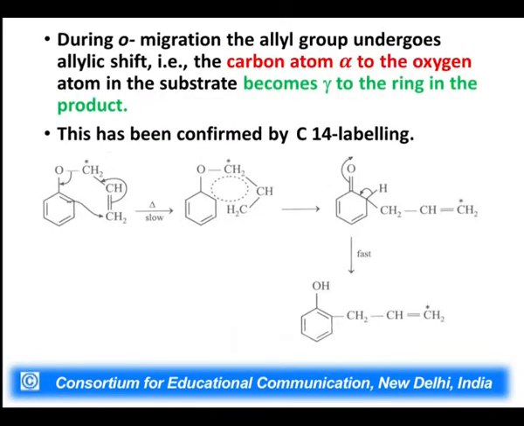Now what I mean by saying it is a concerted manner. This mechanism can also be proved if we take this carbon, we label the carbon with C14. What we mean here by a concerted manner is this bond cleavage here and this bond formation here takes place simultaneously.